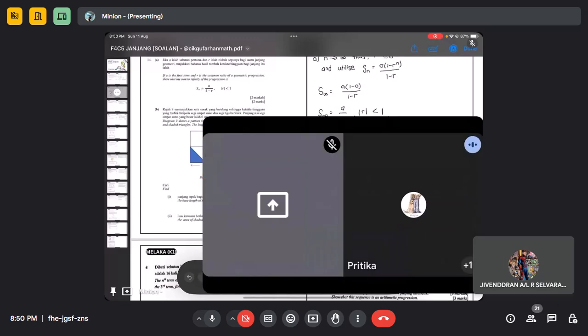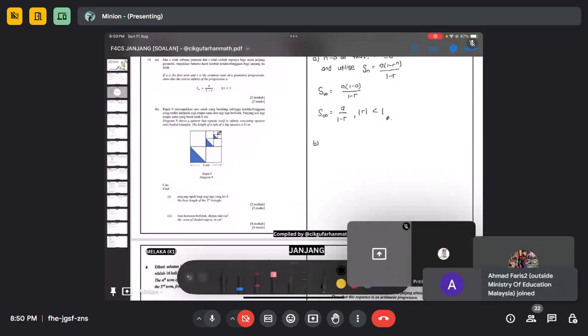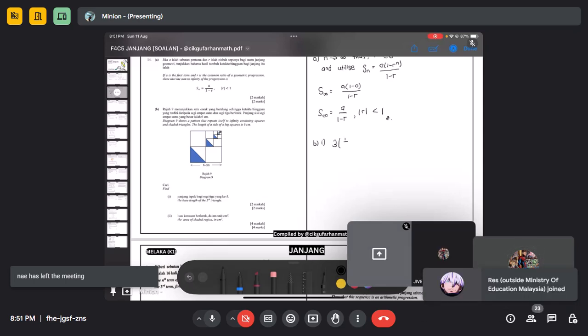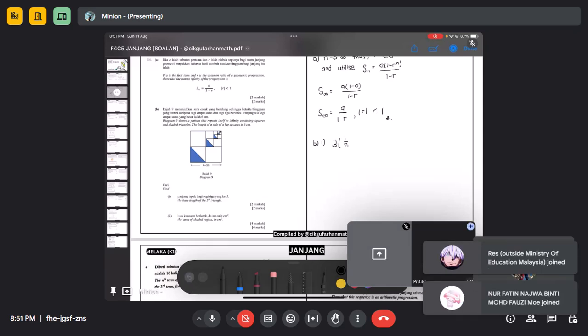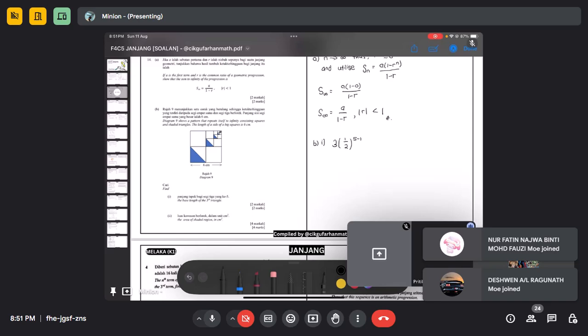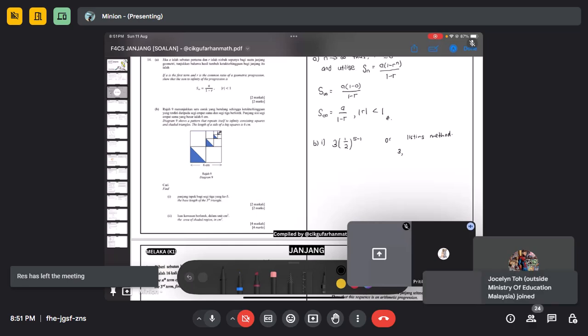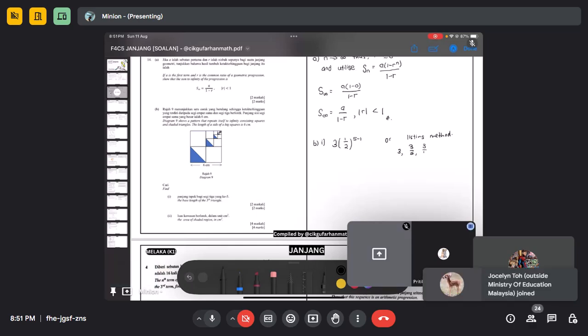Okay, so you can do it like this, or you can also do it using the listing method, which is like 3 over 2, 3 over 4, 3 over 8, 3 over 16, and so on.